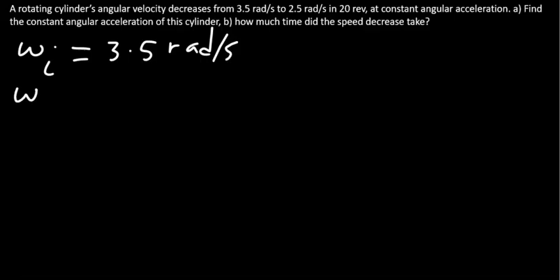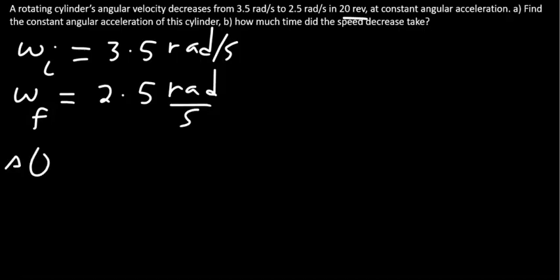Let's see what are the numbers that are presented to us. We are given the initial angular velocity, that is 3.5 radian per second. We are given the final angular velocity, which is 2.5 radian per second. We are told that the angular displacement the cylinder has gone through in the unit of revolution is 20 revs.